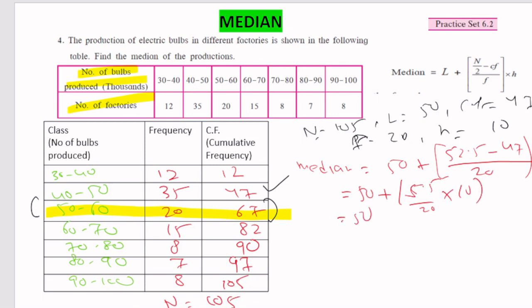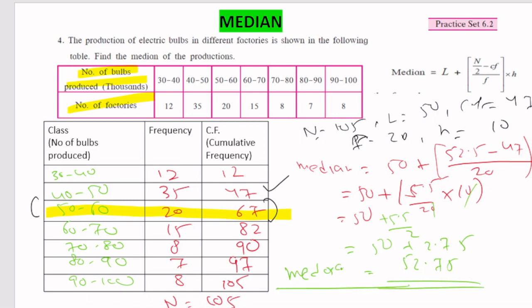Solving further, something we can cancel, 10 gone, so 50 plus 5.5 divided by 2. Solving further, you will get 50 plus 2.75 and adding this, you'll get 52.75, and that is your median.